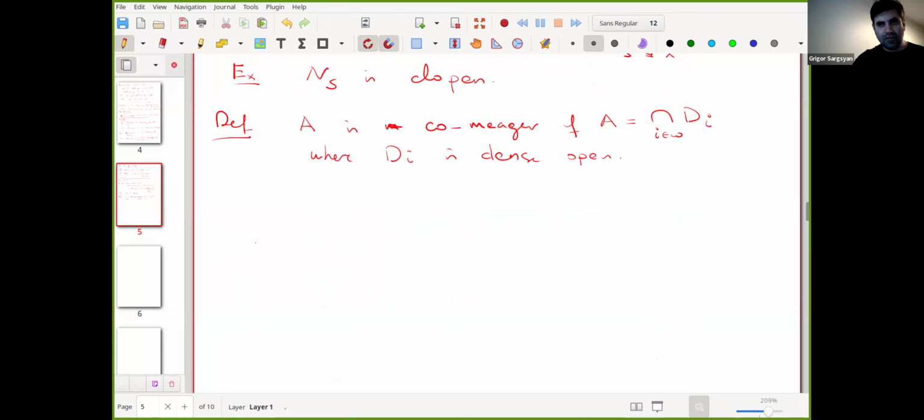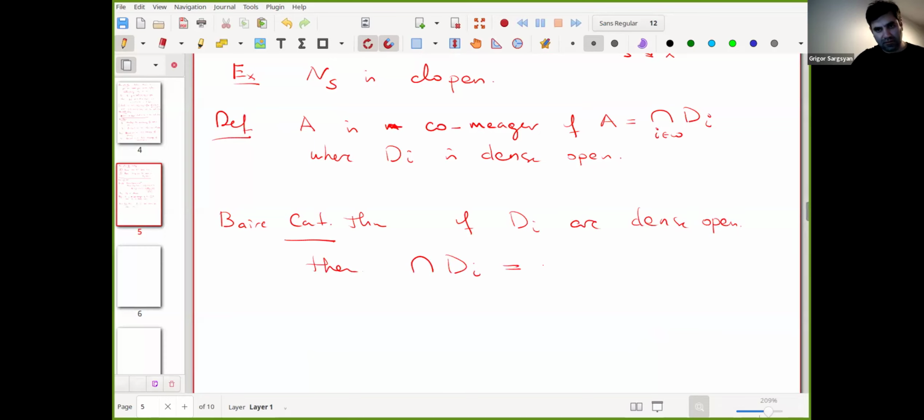And of course, the Baire category theorem says that if the U_i are dense open, then the intersection of the U_i is not empty. And the way you prove it is just keep extending, right?